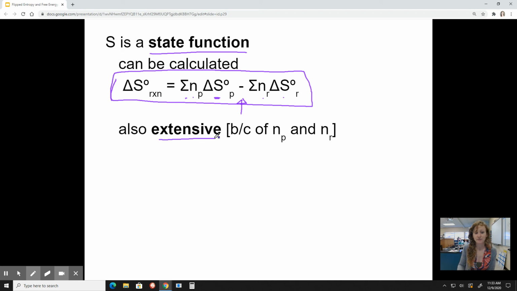It's also extensive because you have to look at the sum, and you have to multiply by the amount of moles for each. So the amount matters. Again, the table is going to be given in terms of products. So that's why you need the negative. If you want to use it as a reactant, you have to flip the reaction, and that's going to flip the sign, and that equation flips the sign for you.